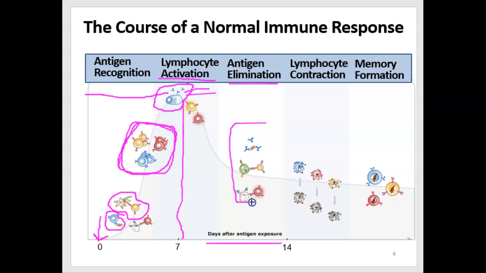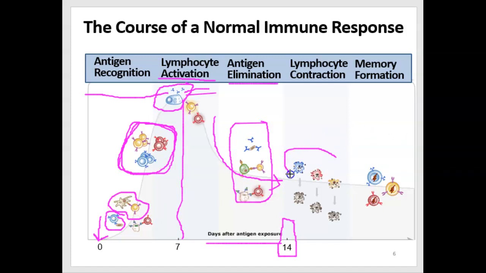That happens somewhere between 1 week and 2 weeks, getting rid of everything. The symptoms usually start declining at this point. After the antigen has been eliminated, generally speaking, you feel better at 2 weeks. That time period will be shorter for further exposures.